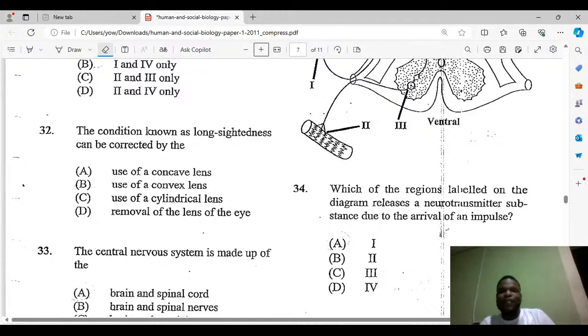What do we call uneven curvature of the eye? What do you call uneven curvature of the eye? We call that astigmatism.